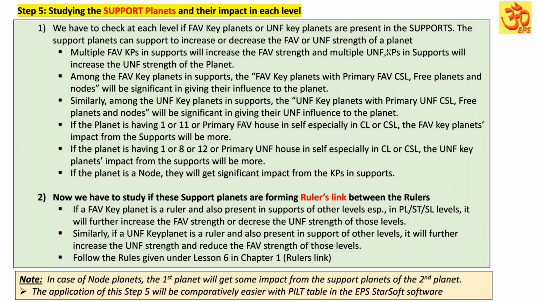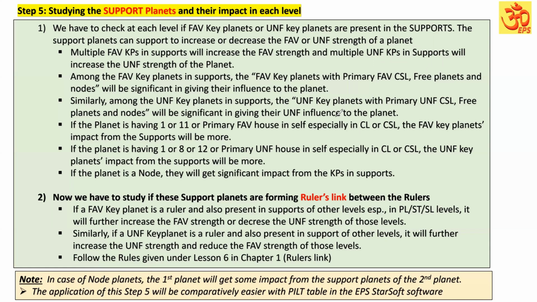It means we have to check at each level whether a planet is having favorable or unfavorable key planets in its supports. If it is having favorable planets, they will try to give favorable support to that particular planet.